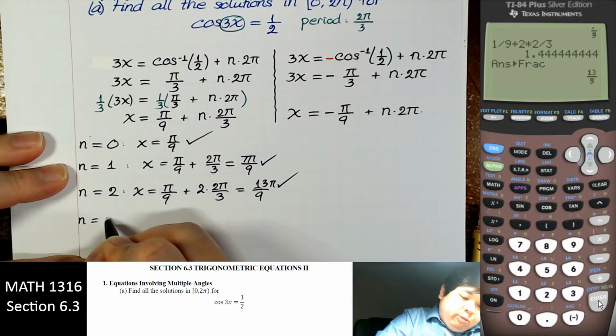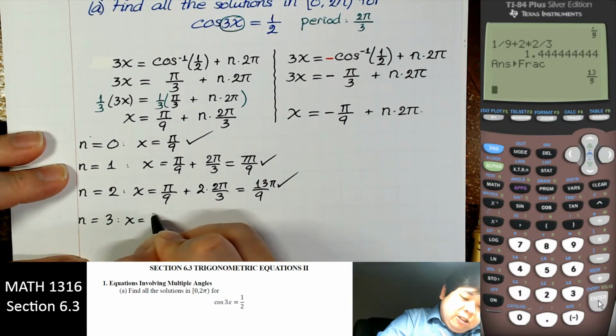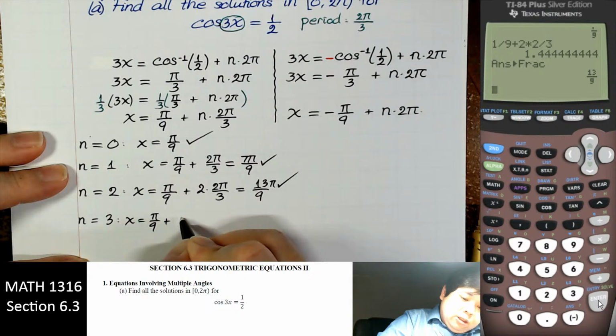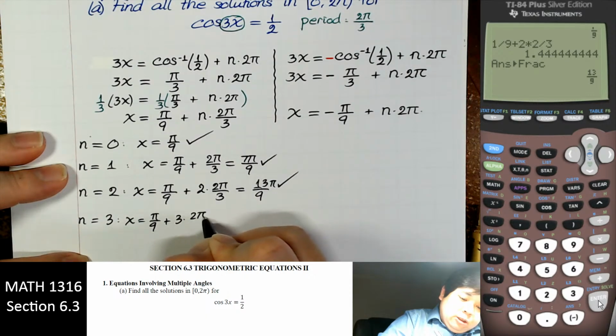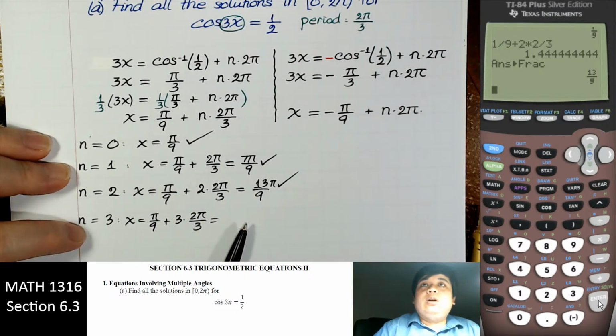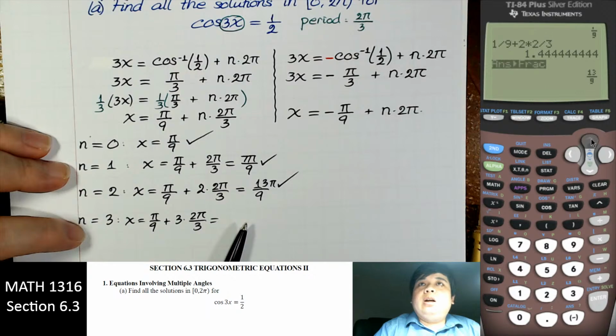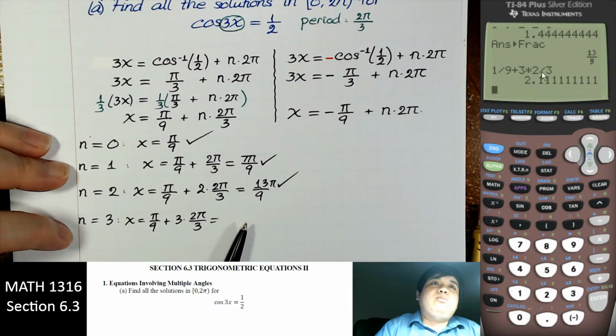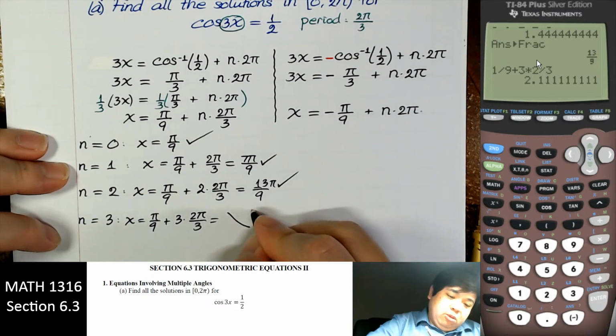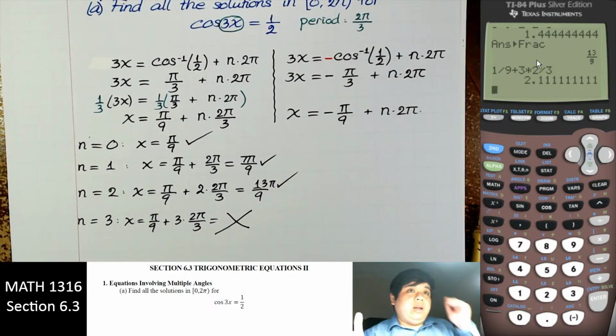Now n equal to 3. Now this is more than 2. So the solution here doesn't work anymore because that is more than 2 pi.